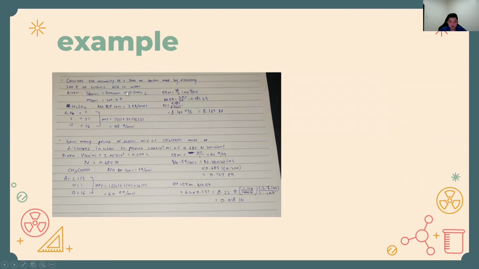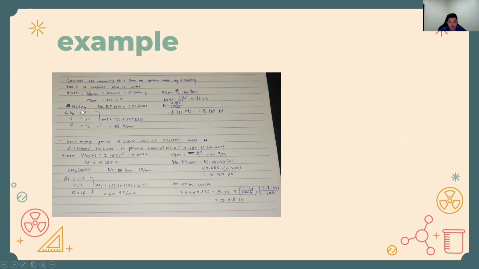The example for molarity and normality. Calculate the normality of a 500 milliliter solution made by dissolving 200 gram of sulfuric acid in water. Given V solution is 500 milliliter, we convert to liter, 0.5 liter, and the mass of solute is 200 gram.